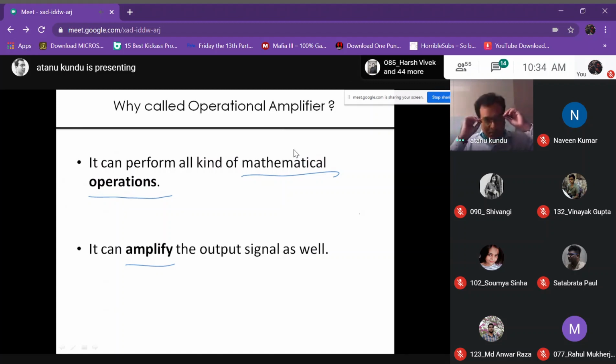It's a versatile device. That's why the name is operational amplifier. Clear? Can I move to the next slide?